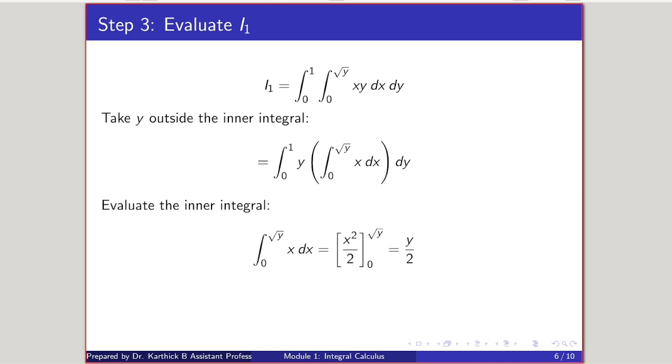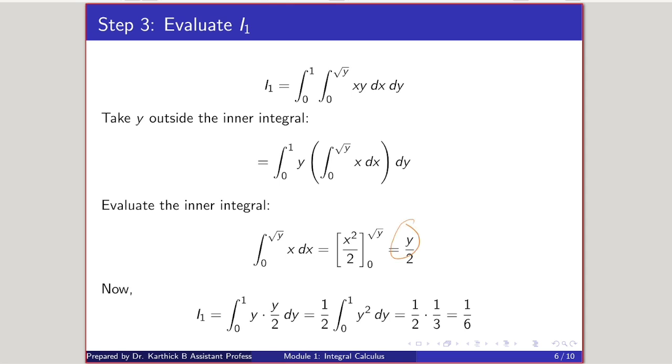Now we make a substitution of this y by 2 to go for the outer integral. Substituting y by 2 instead of the inner integral, I get y into y by 2, so it will be 1 by 2 into y square.